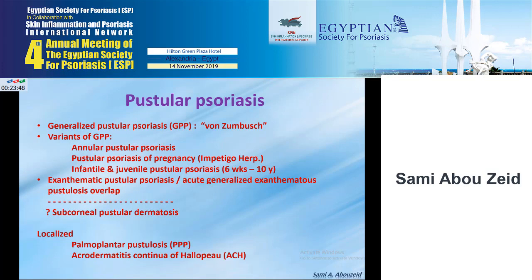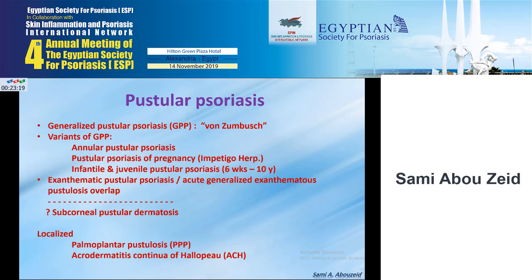We have generalized pustular psoriasis, or von Zumbusch, and variants of the generalized pustular psoriasis: the annular pustular psoriasis, which is sometimes termed subacute generalized pustular psoriasis; pustular psoriasis of pregnancy, with the old term impetigo herpetiformis; and infantile and juvenile pustular psoriasis.